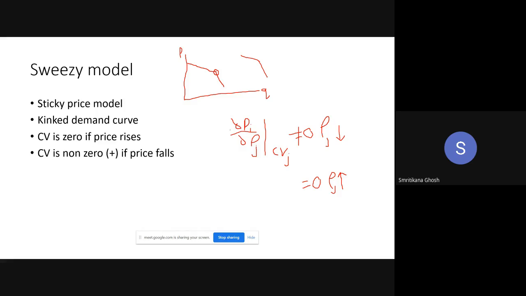The product is actually a mobile. That's true, but other features are very good in the case of Apple. There are so many features which are not available in any other phones. So they are giving some specialty, so they can charge a higher price. But for the same product, you cannot do that.